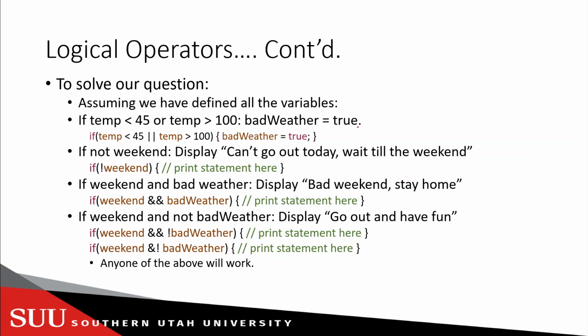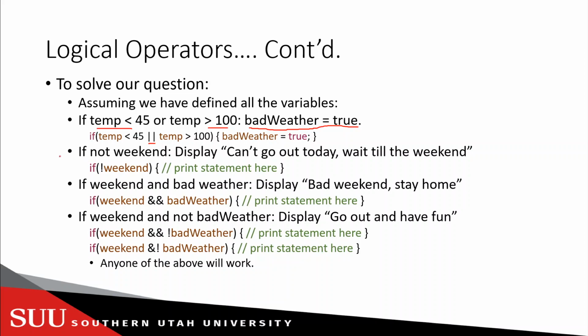So if any one of them apply, I will just do this portion of code. So I'll say if temp less than 45 or temp larger than 100, and then within the curly braces, I will include the code that switches the boolean to true.